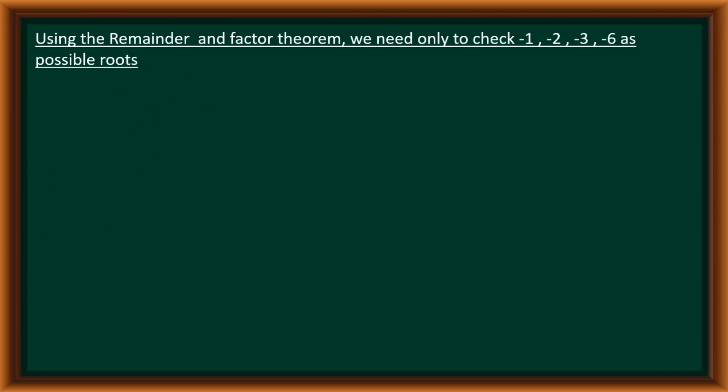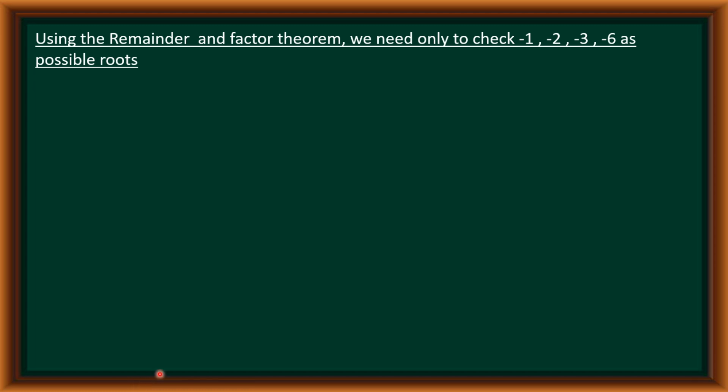Ganito ibig sabihin nun. Using the remainder theorem and factor theorem, we need only to check negative 1, negative 2, negative 3, negative 6 as possible roots. Kasi nga, yun lang yung mga values na pwedeng maging 0. Diba? Sabi natin yung nag-factor theorem tayo na magiging factor lang siya kung ang ating remainder ay 0.